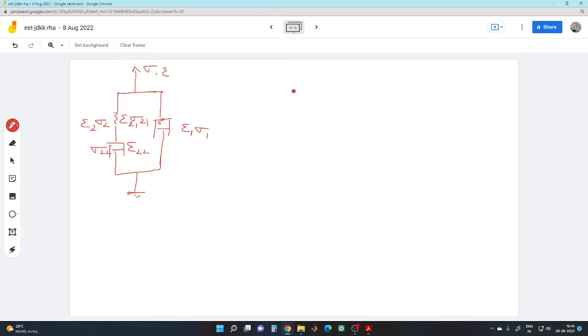So we can write that for the parallel combination, sigma is equal to sigma 1 plus sigma 2. Just like forces, the stresses also add up. So stress in this branch and stress in this branch will result in the total stress. We will say this is equation 1. And for strain, epsilon 1 is equal to epsilon 2, which is equal to the resulting strain epsilon.